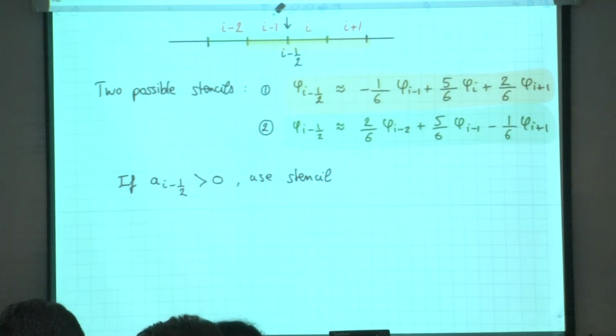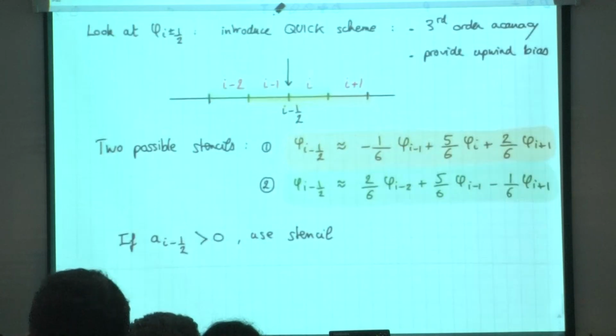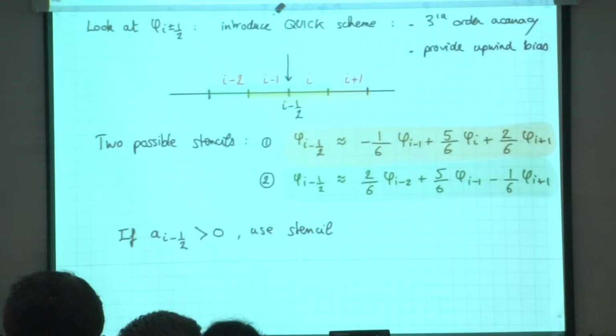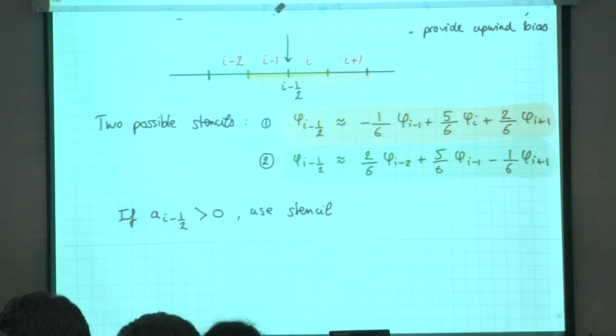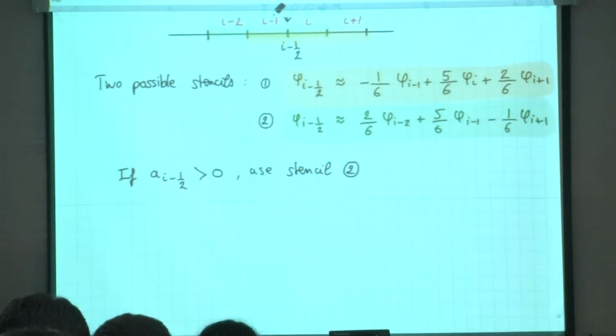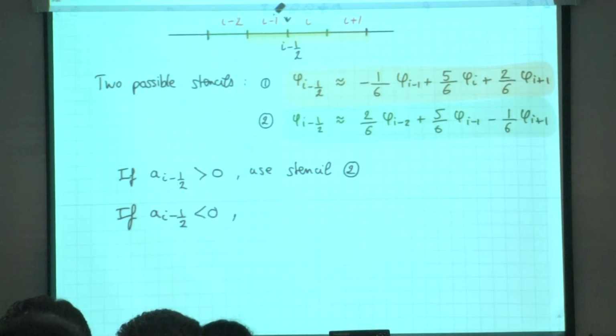We need to use the upwind bias stencil, so the one that uses more leftmost points. So that's going to be stencil 2. If A sub I minus 1/2 is less than 0, we're going to use the stencil biased to the right, which is stencil 1.